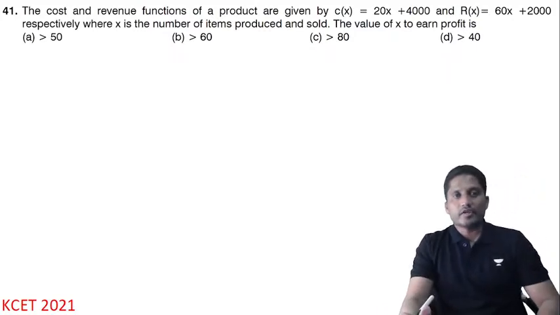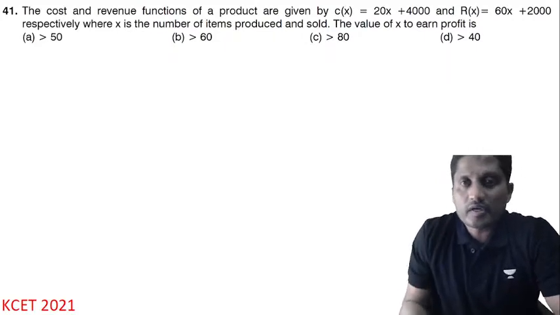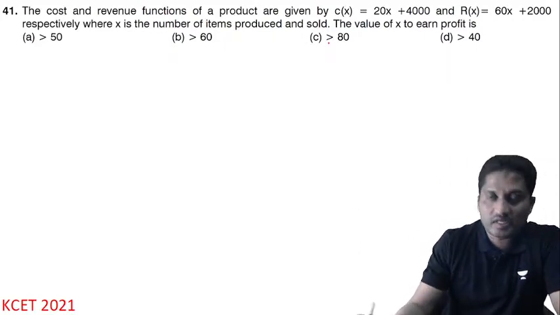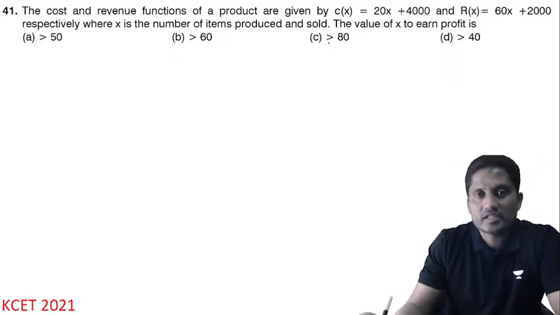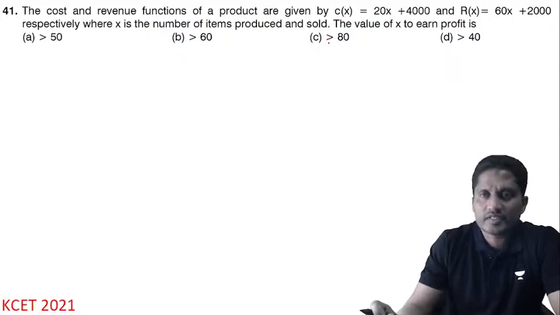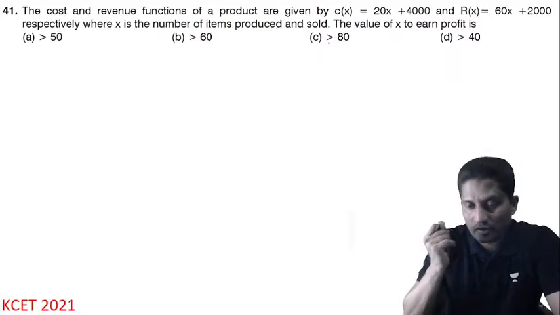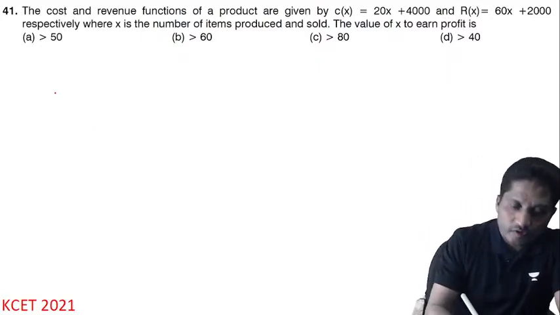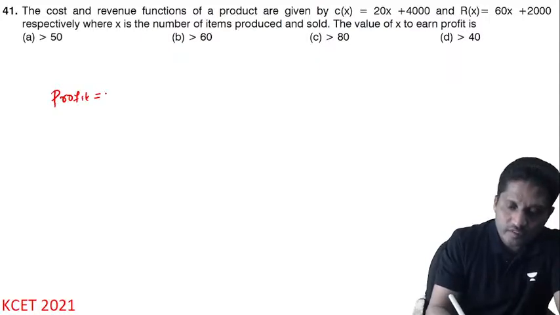Okay, the cost and revenue functions of a product are given by C of x and R of x, where x is the number of items produced and sold. Then the value of x to earn profit. Okay, now the profit is always equal to revenue minus the cost, right?